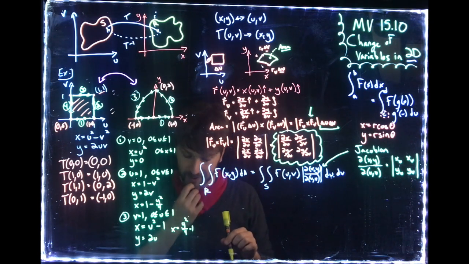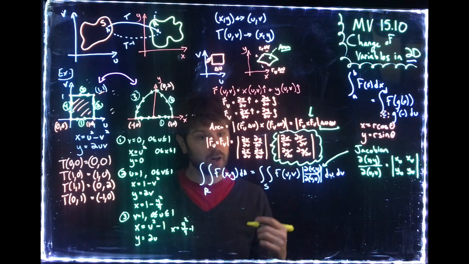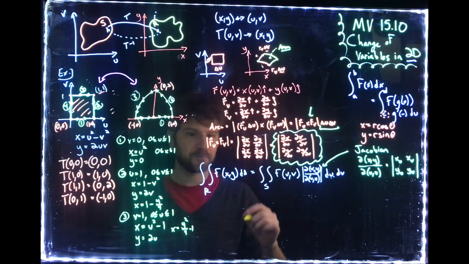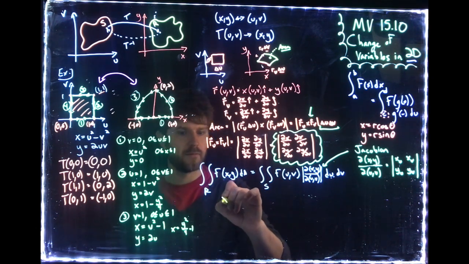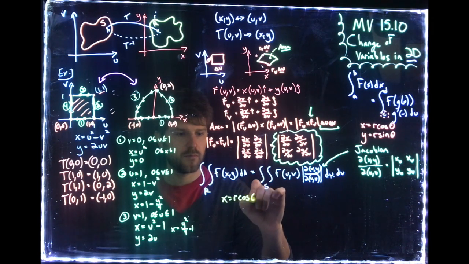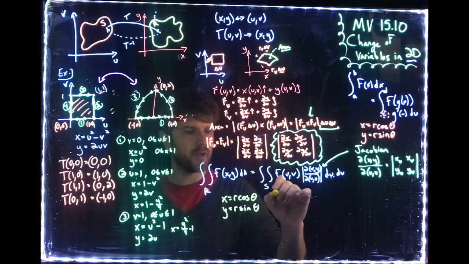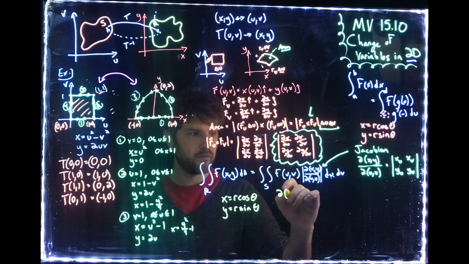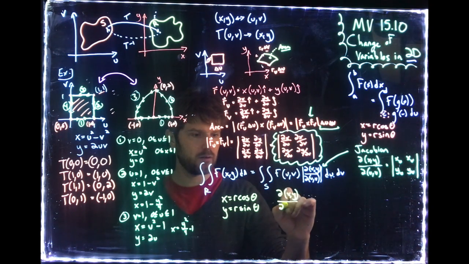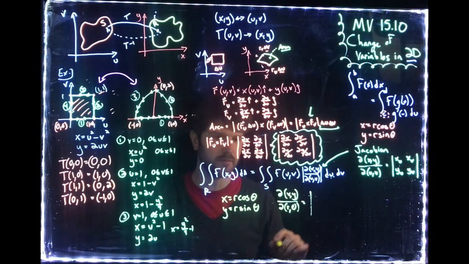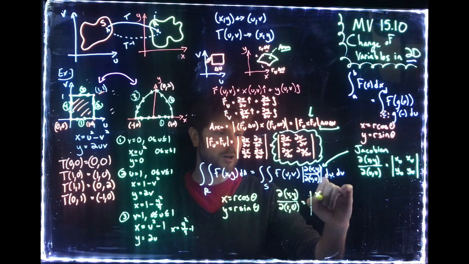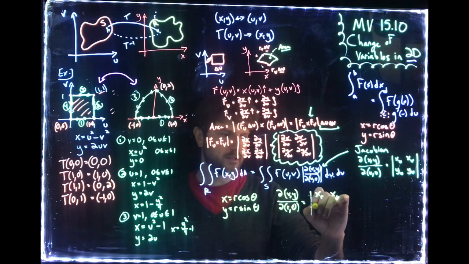And just to do a quick example of this, we've already seen this work in class, right, with polar. What is the Jacobian for the conversion from x and y to r and theta? Well, it should be the determinant of this matrix, xr, x theta, yr, y theta.